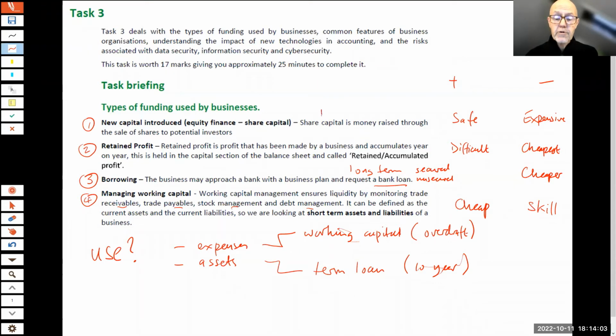Capital introduced tends to be long-term, because once the shares are in, they're in. It's very rare for shares to be redeemed. But again, profit and working capital, those are really short-term funding, as with overdraft. So expenses, working capital is all short-term, and assets, term loan, would tend to be long-term.